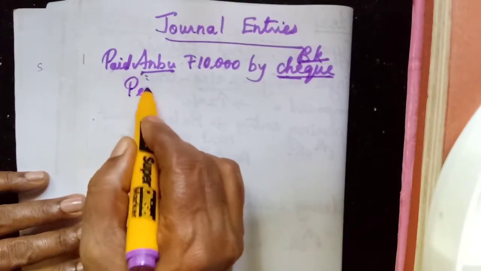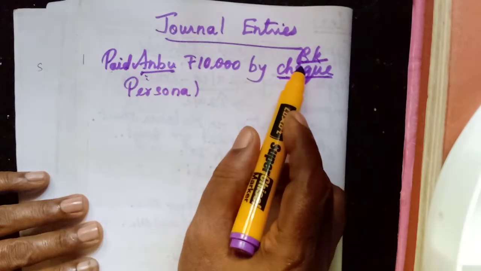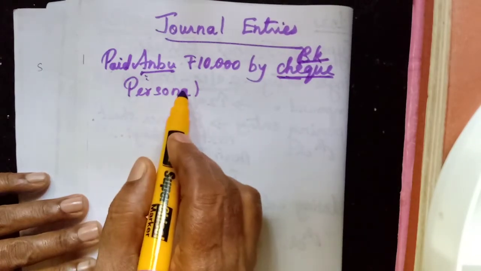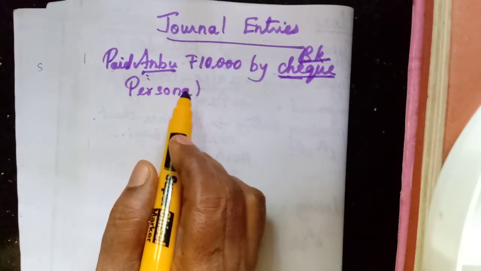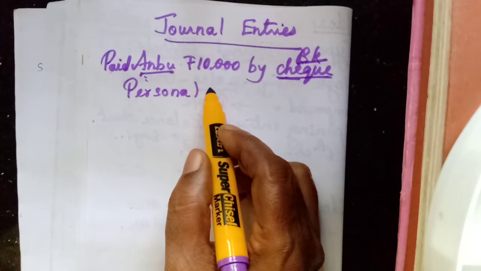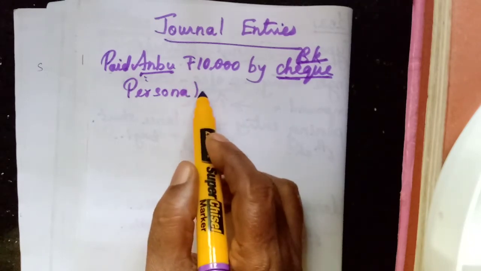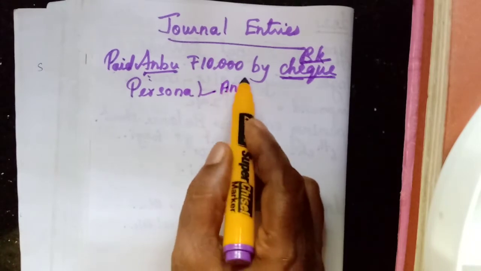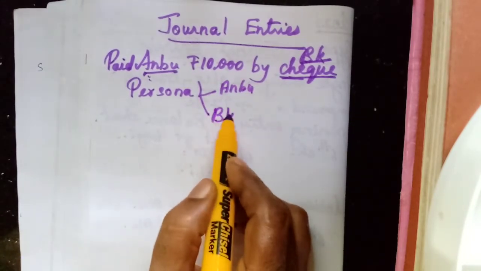So second step, first we have to identify the account names. Then we have to analyze which accounts are involved, whether personal, real or nominal. Here both are personal: Anbu and the bank.